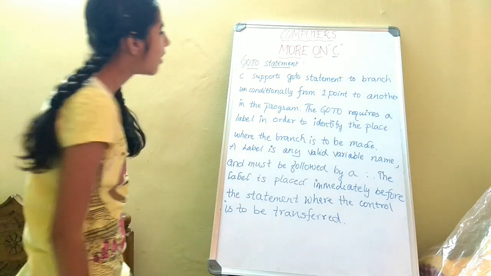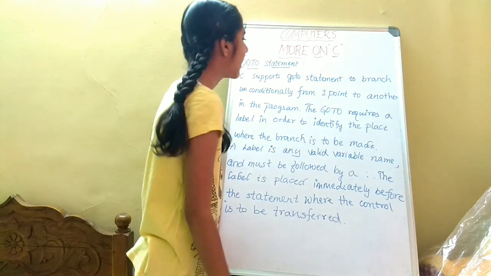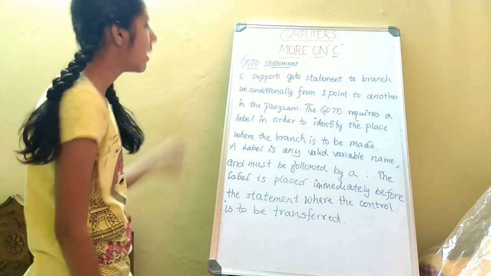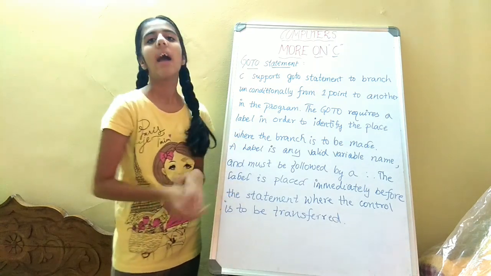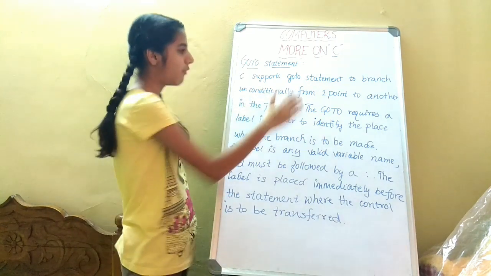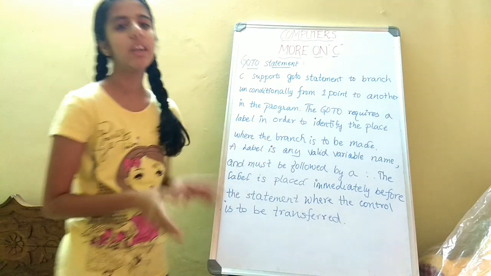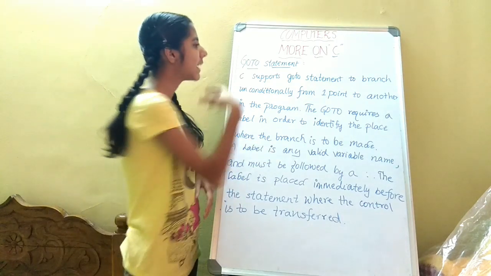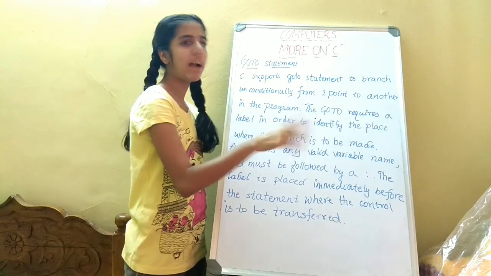C supports the goto statement to branch unconditionally from one point to another in the program. If you have a program, C supports goto from one part to another part.